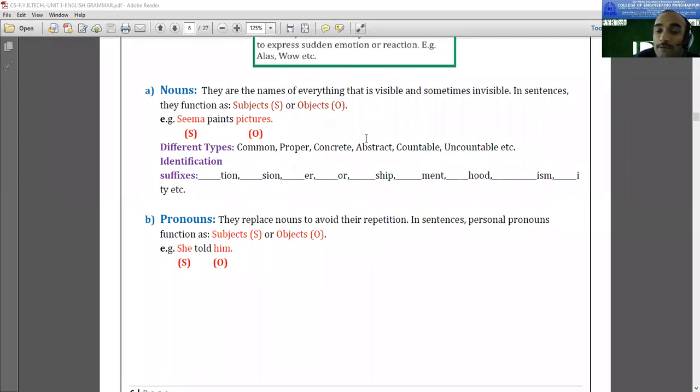Whatever feelings are there: sadness, happiness, joy, anger, ego, tension, hope, emotion, surprise. These are the feelings that we cannot physically see; these feelings don't have any physical existence.